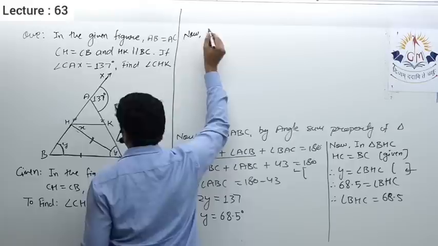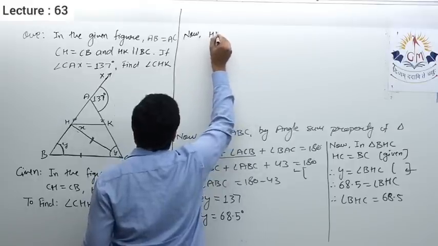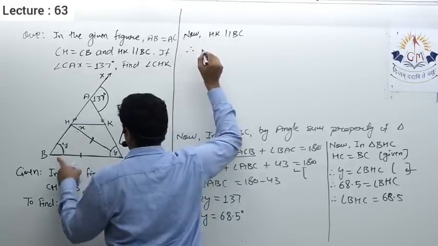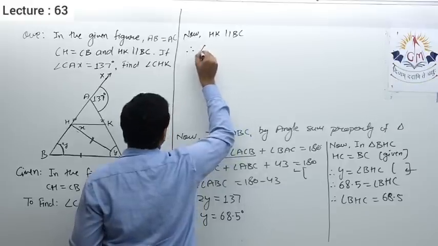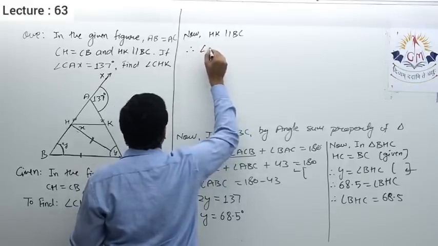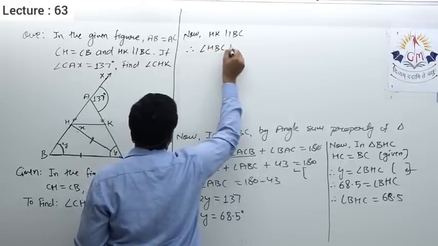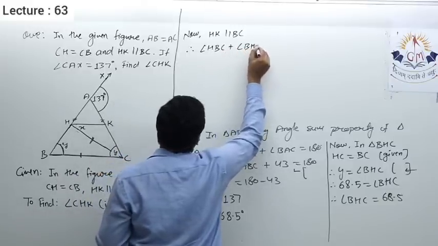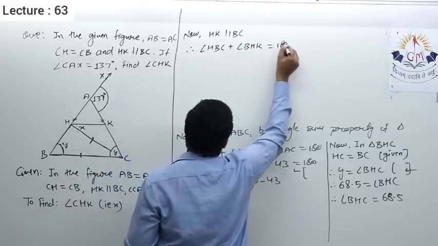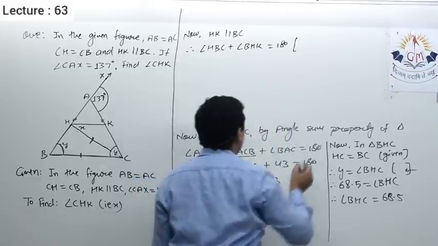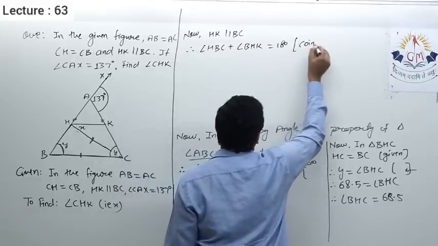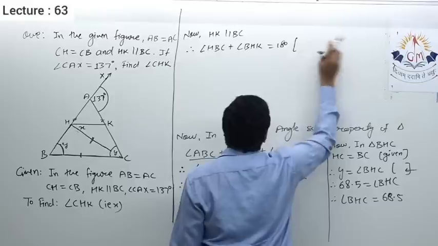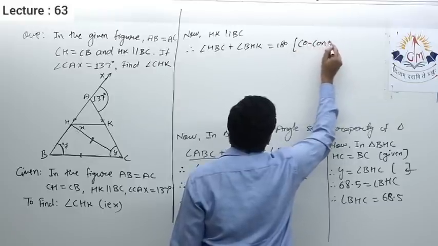Now HK parallel BC, therefore angle HBC plus angle BHK is equal to 180. Reason, co-interior angles or co-consecutive angles.